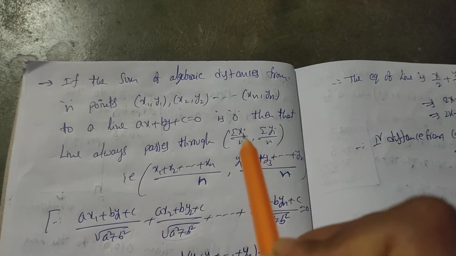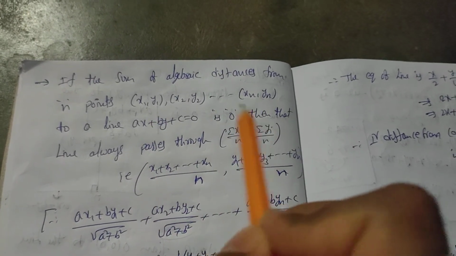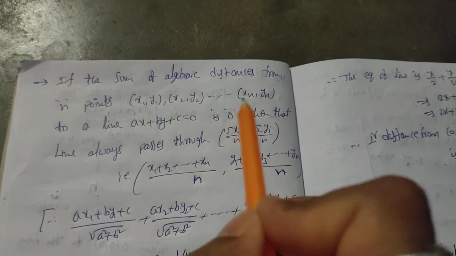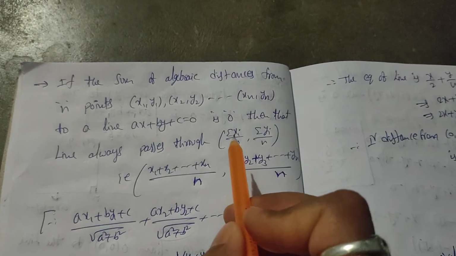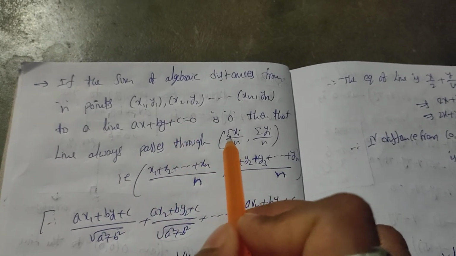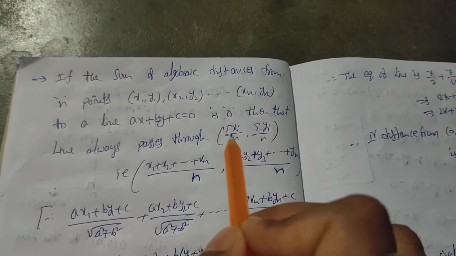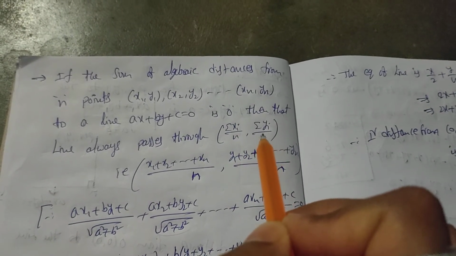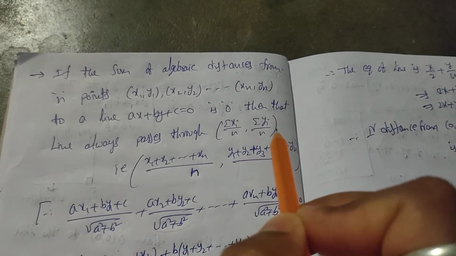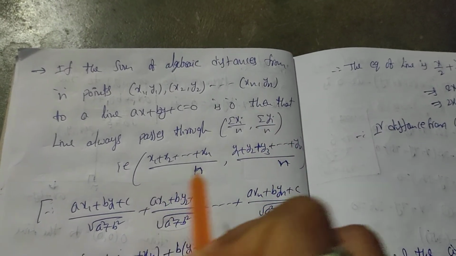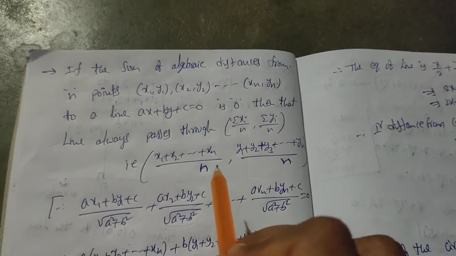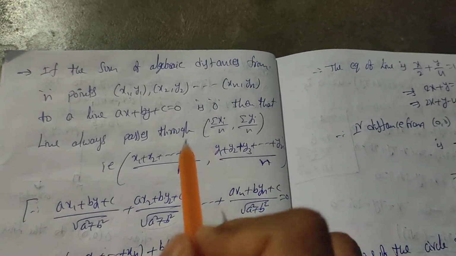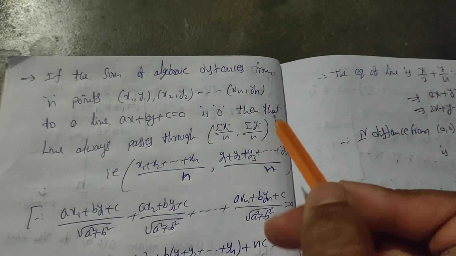Sigma xi means x1 plus x2 plus x3 and so on plus xn, by n, and sigma yi means y1 plus y2 plus y3 and so on plus yn, by n.